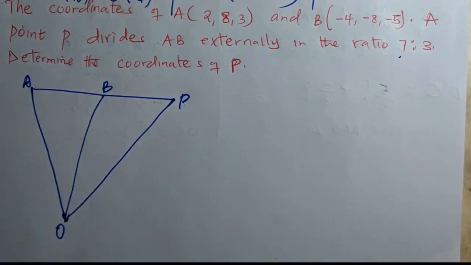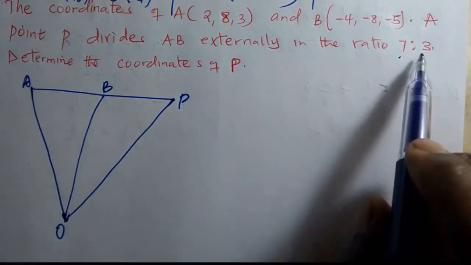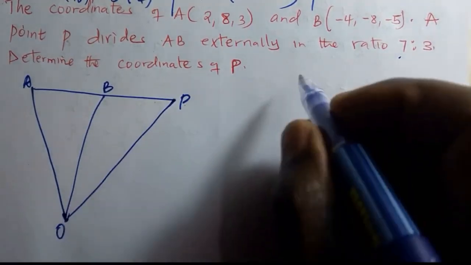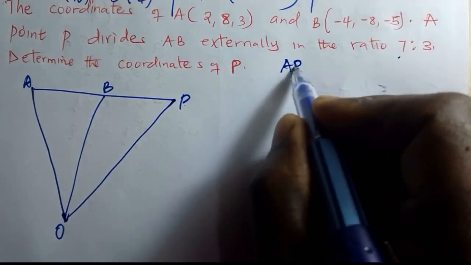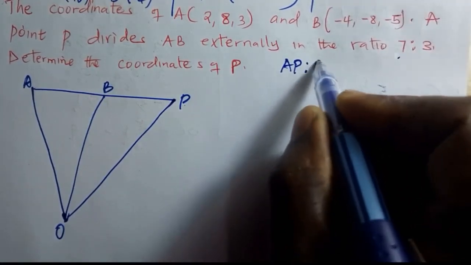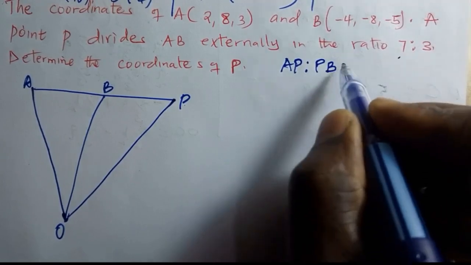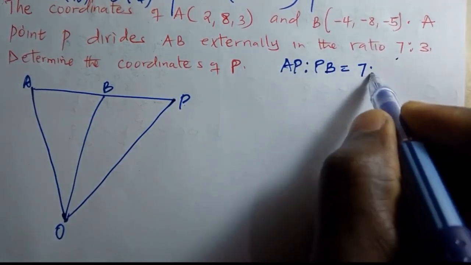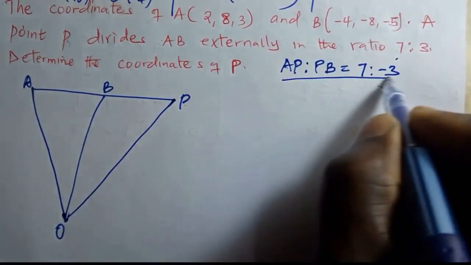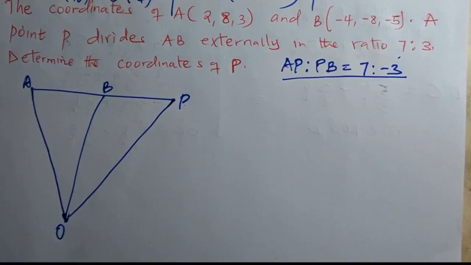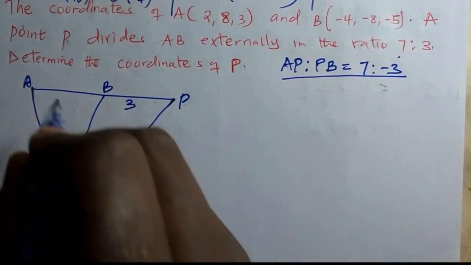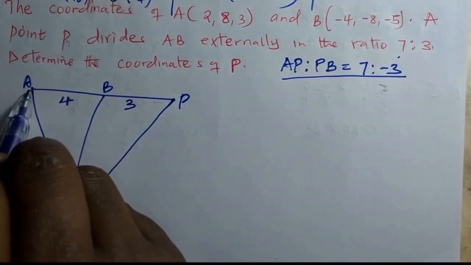That is minus 3, because you need to understand that this one is the same as AP to PB is equal to 7 to minus 3. That is what it means. So it means here is 3 units, here is 4 units. That's why from here up to here is 7.